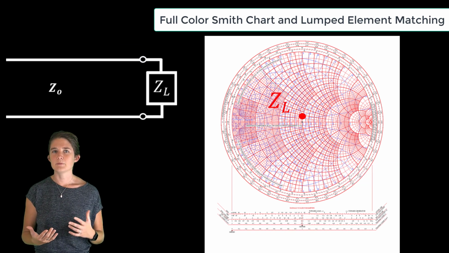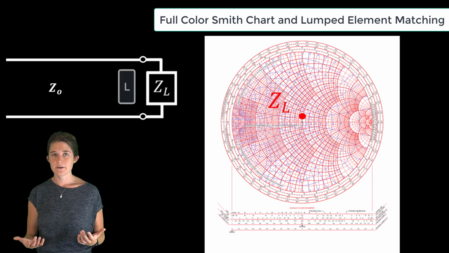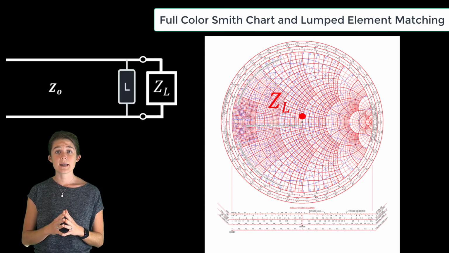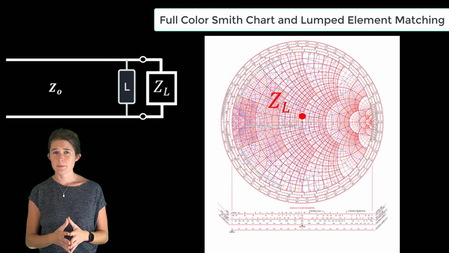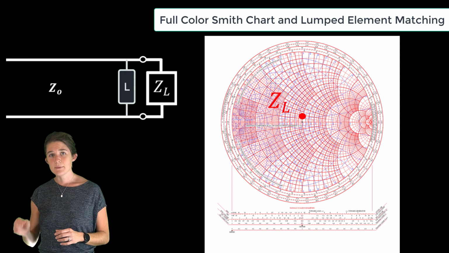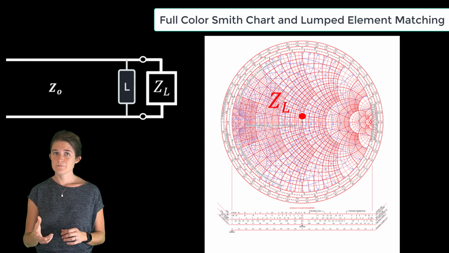What if instead of adding an element in series, we add one in parallel? If the element added is in parallel, we can't just add impedances. The parallel relationship for impedances is more complicated than that. But admittances in parallel add.